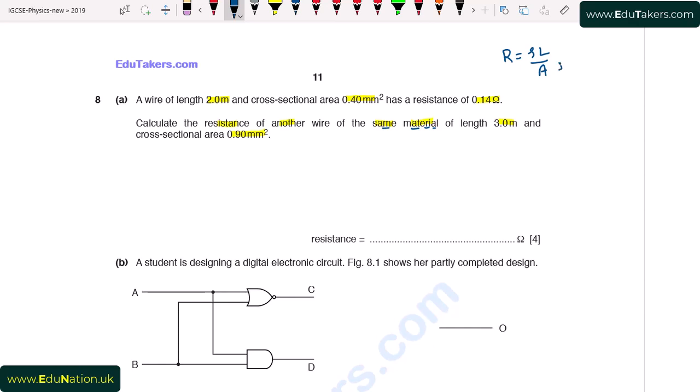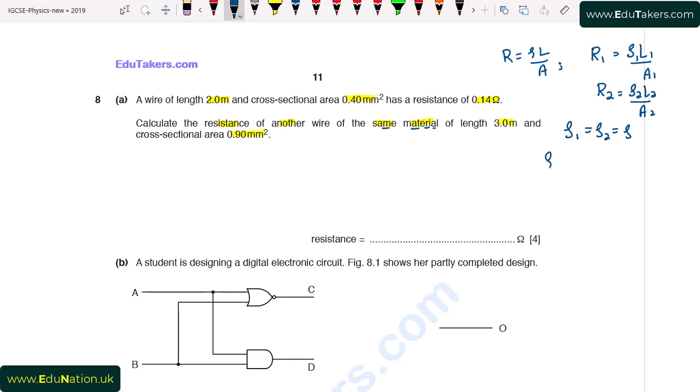So I write here R1, that is for first wire, it will be equal to rho L1 over A1, and for second wire R2 is equal to rho 2 L2 over A2. So rho 1 is equal to rho 2, it is equal to rho because the resistivity of both of these are the same, as it is depending upon the material which is same.